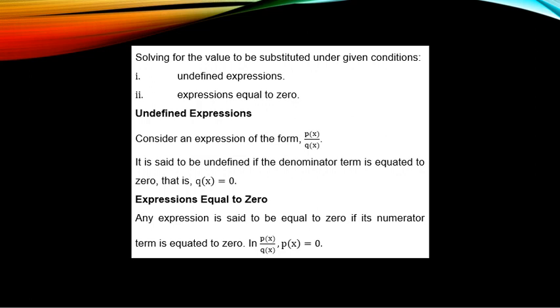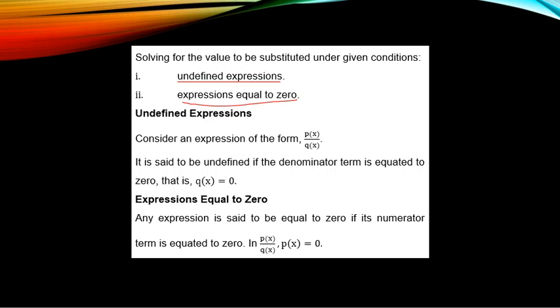The second type is such that you solve for the value to be substituted under given conditions, and we have two conditions: undefined expressions and expressions equal to 0. So the first aspect is undefined expressions.